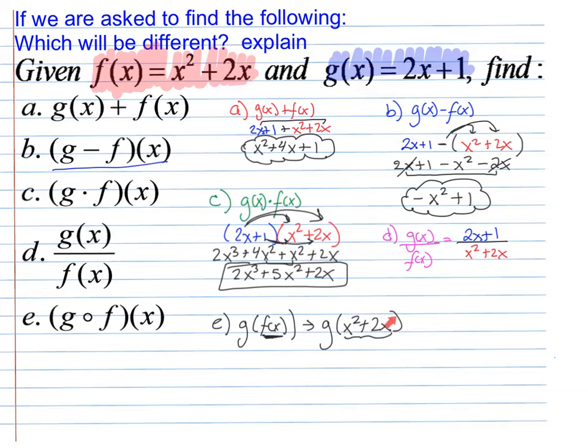So I'm going to have 2 times my new x plus 1, and my new x is x squared plus 2x. You're going to distribute, and you're going to have 2x squared plus 4x plus 1. That should be your g composed of f of x solution.